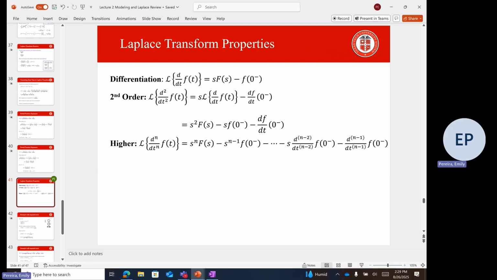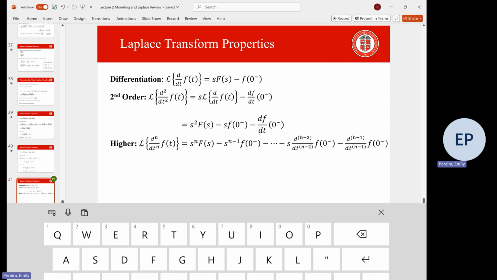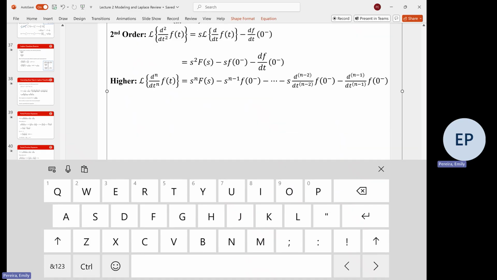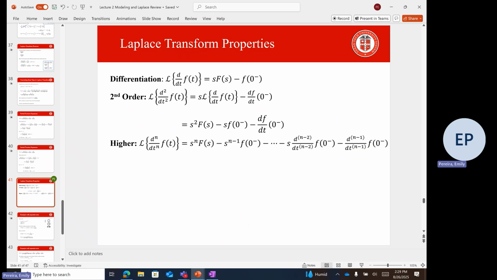If we repeat that for higher derivatives, like the second order, we see that we have s squared times our F of s minus s times any initial conditions minus the derivative of f at any initial conditions. So when we assume that all the initial conditions are 0, we're left with just this first term. And so we see that for higher order terms as well.